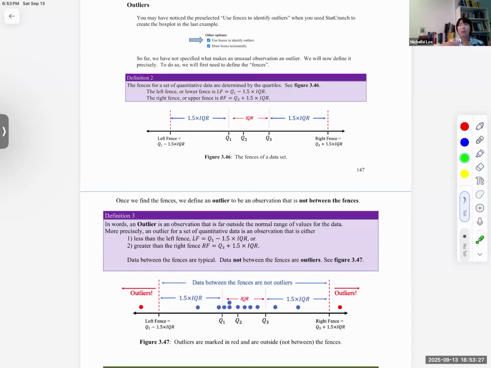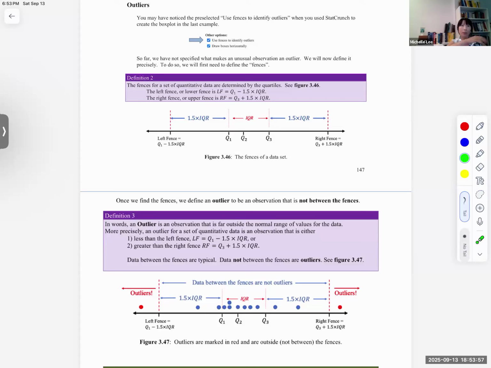Now statisticians found that the lower fence will be lower than Q1. How much lower? Subtract the magic number, 1.5 times the interquartile range. So we make a fence there, like from your house, you make a fence.